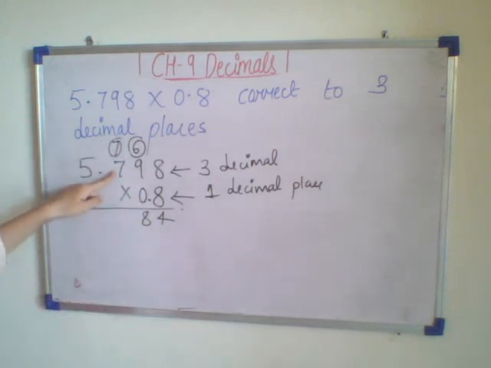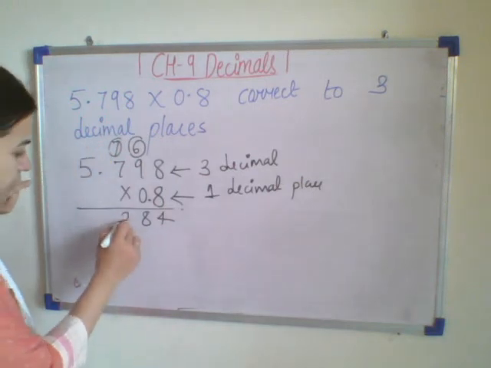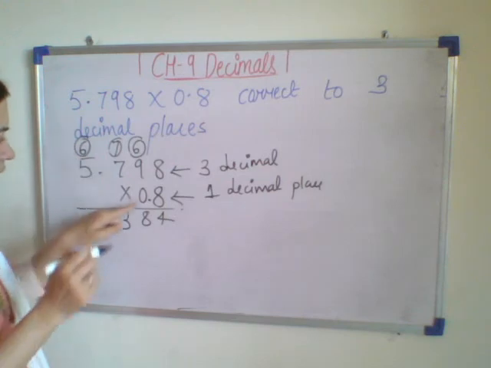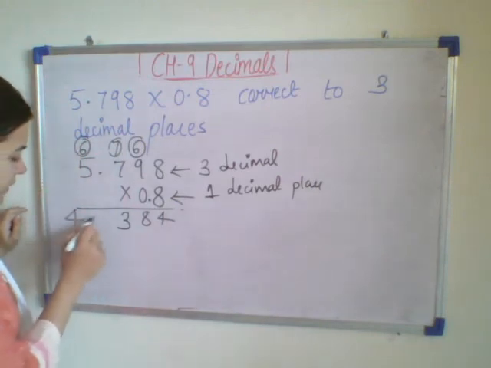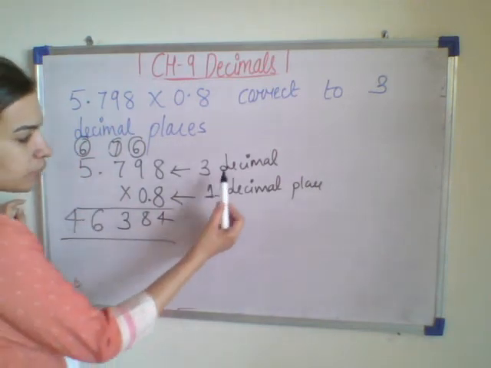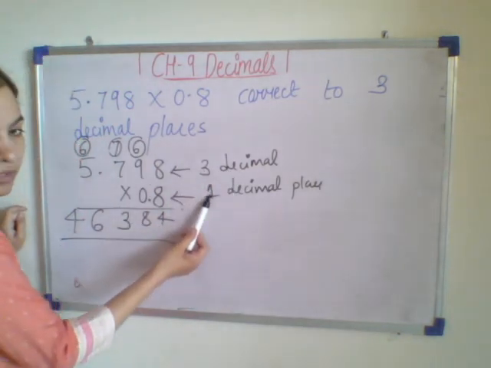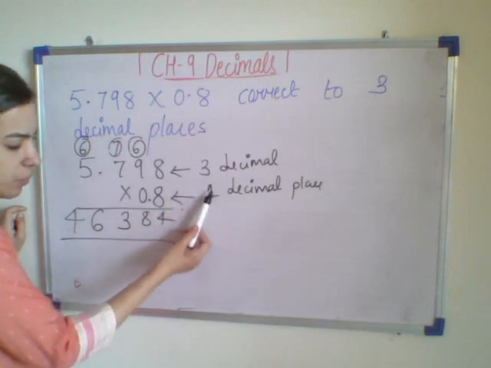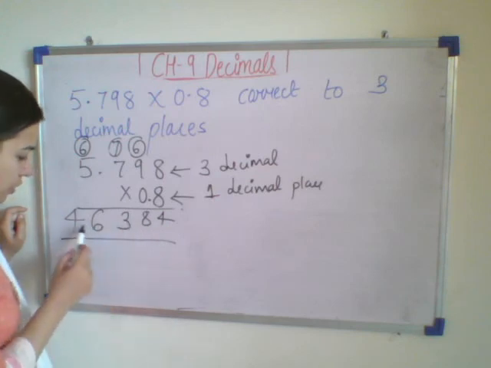Now 8 multiplied by 7 is equal to 56, and 56 plus 7 is equal to 63. 3 and 6 moves to the carry. 8 5s are 40, and 40 plus 6 is 46. Now we have to put the decimal. 3 plus 1 is 4, so we will be putting the decimal after 4 digits. 1 2 3 4.